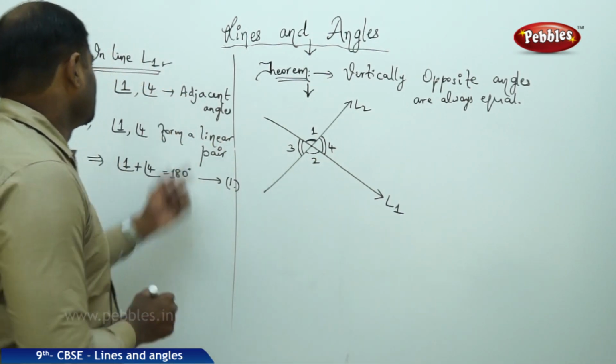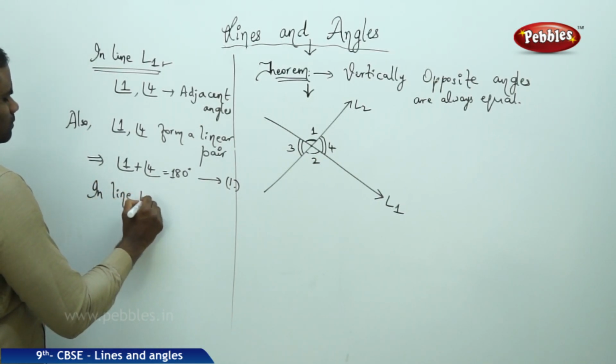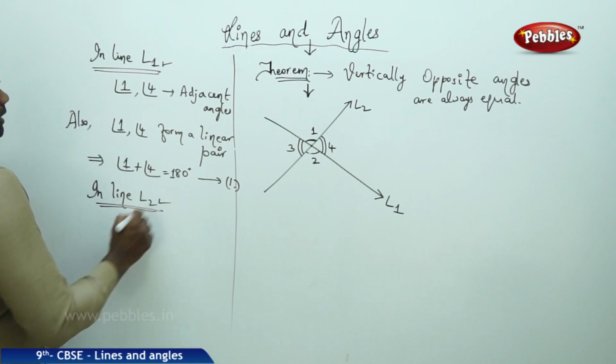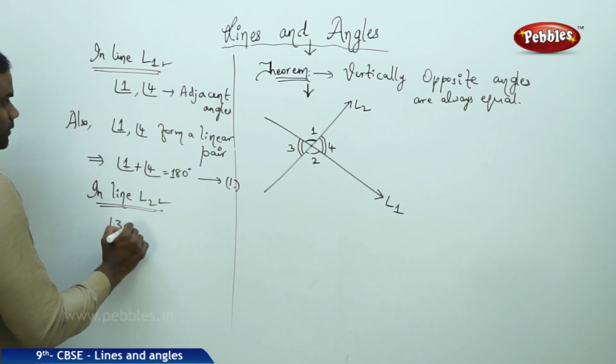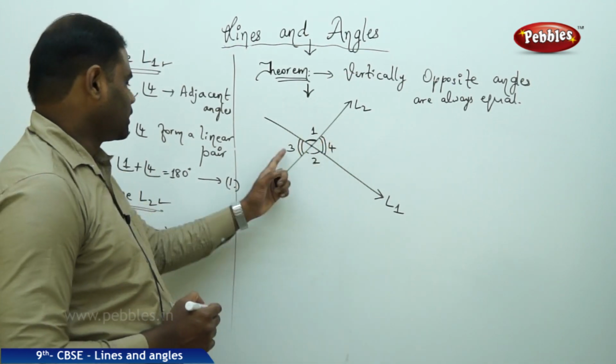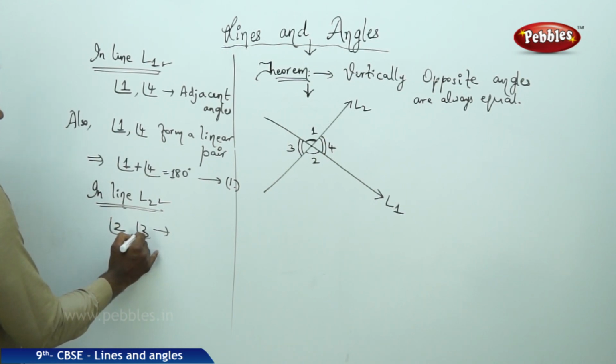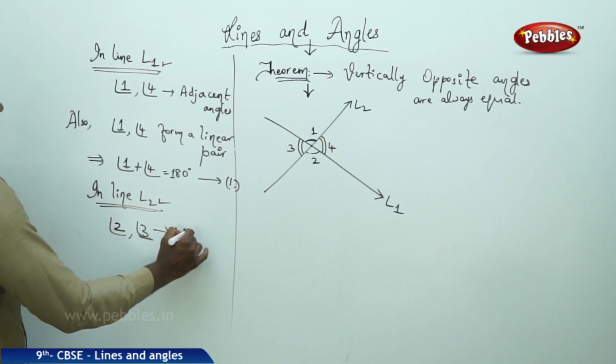Similarly, if I take the line L2, angle 2 and angle 3 are adjacent angles.